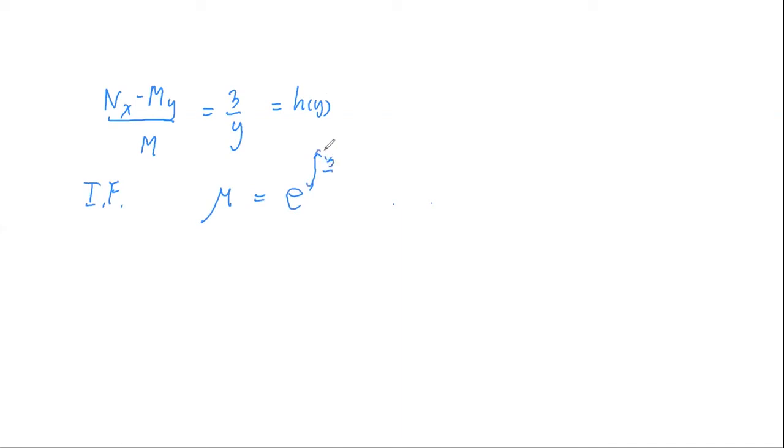So since nx minus my over m equals 3 over y, the function in y, this time the integrating factor will be found by mu equals e to the integral of 3 over y with respect to y.